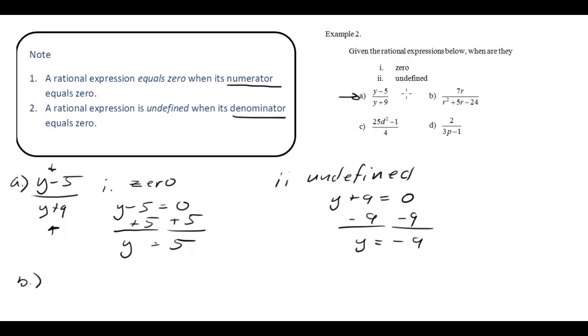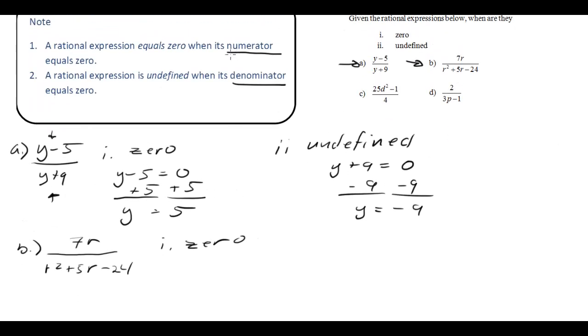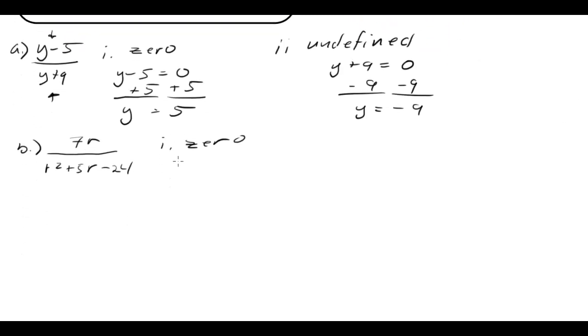B is this one over here, and copying that, that's 7r over r squared plus 5r minus 24. All right, so the first question is, when is that 0? Well, it's going to be 0 when the numerator is 0. So set the numerator to 0. 7r equals 0.